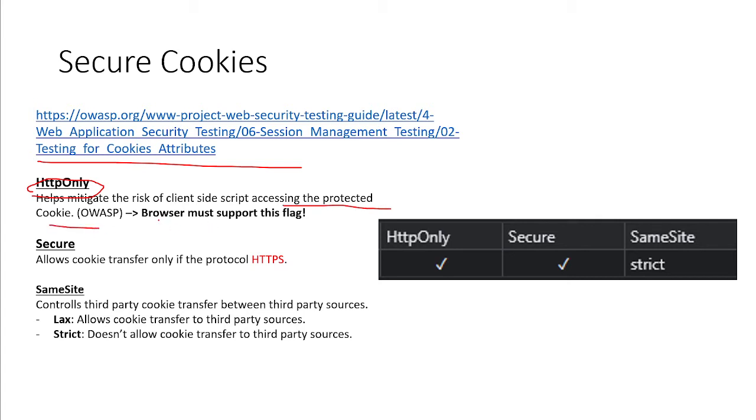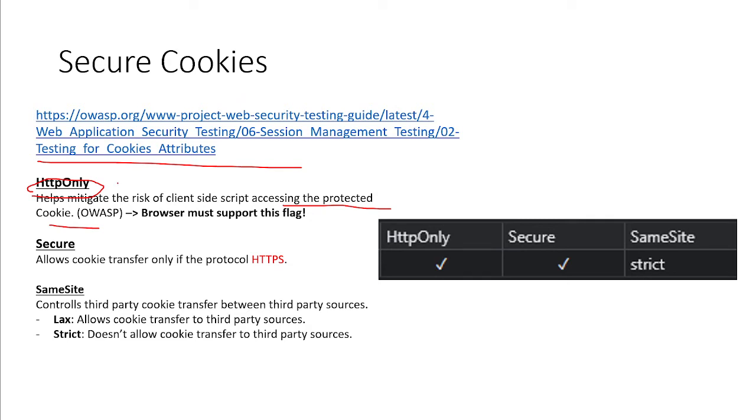But please don't forget, the browser must support this flag. If the browser doesn't support this flag, it won't be used. HTTP only provides protection against XSS vulnerabilities. You can't access the cookie in JavaScript if you are using the HTTP only flag.